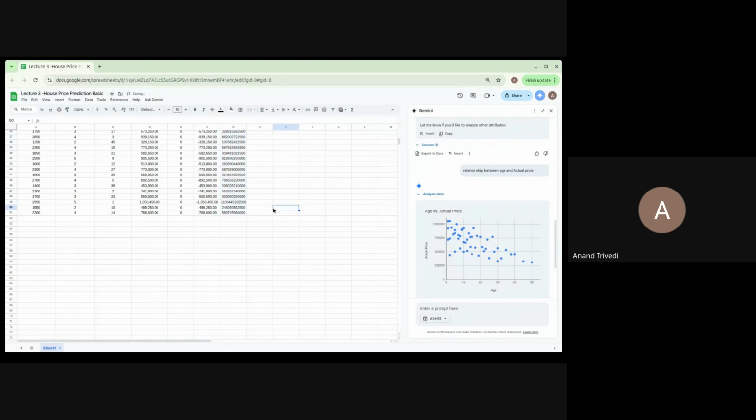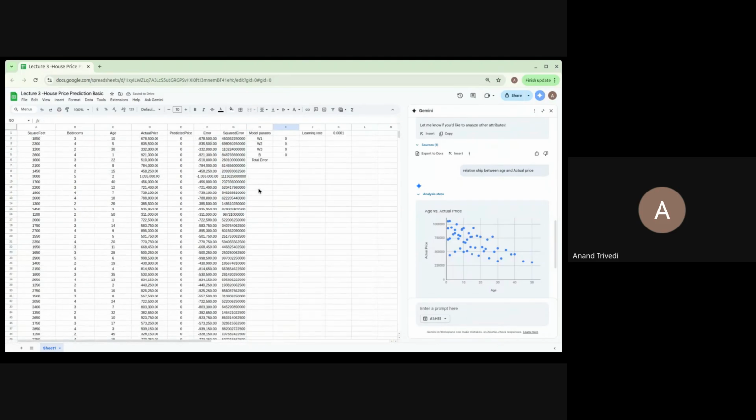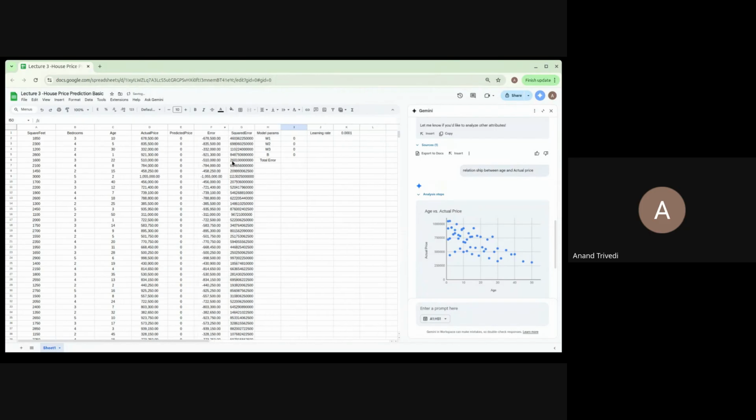Right? Now, next, what should happen is that it should actually go ahead and update these weights step by step based on the learning rate. So this is what the Excel is. It will update these errors and squared errors, and it will start updating the predicted price. All of this process starts happening, and then this weight is updated here.